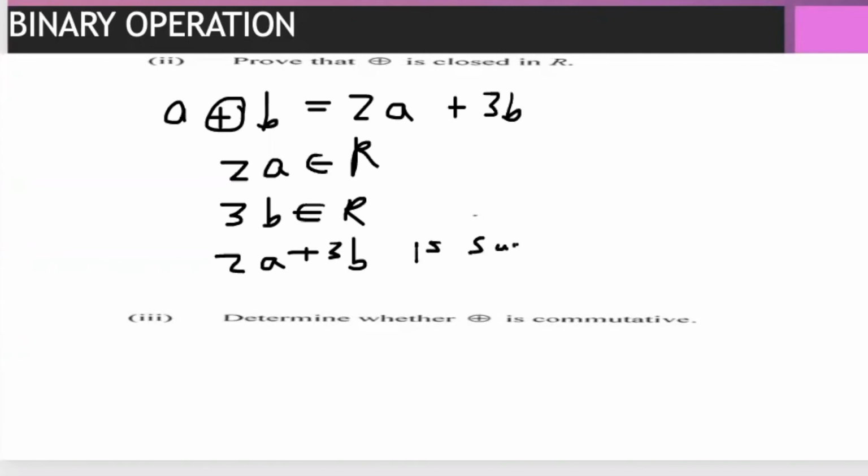So 2A plus 3B is the sum of two real numbers, and the sum of two real numbers still gives me a real number. So I can conclude that O plus is closed in R.